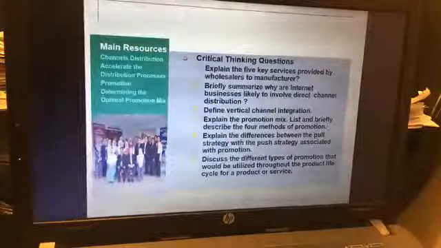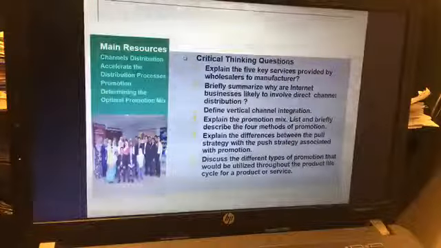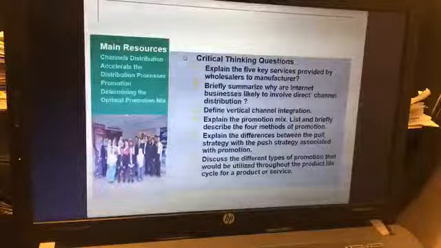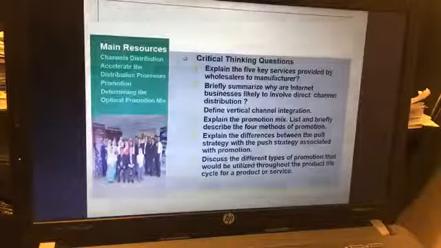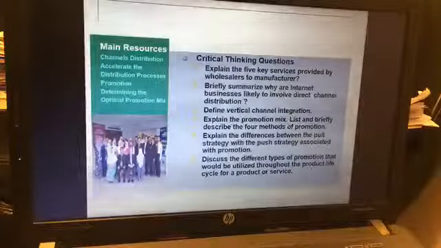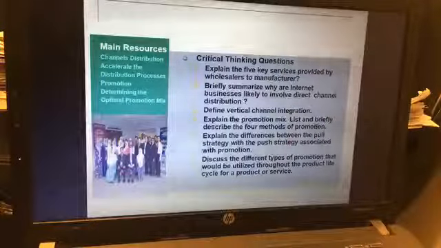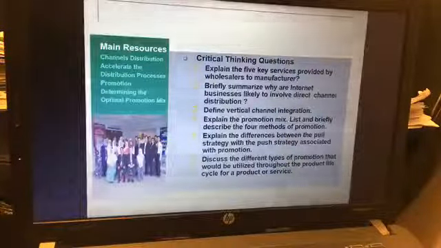The critical thinking questions for this chapter are: number 1, what would be the 5 key services provided by wholesalers to manufacturers. Number 2, briefly summarize why internet businesses are likely to involve direct channel distribution. Number 3, define vertical channel integration.